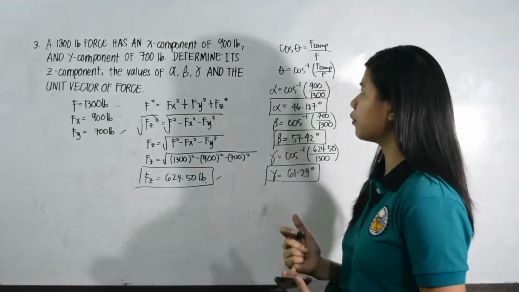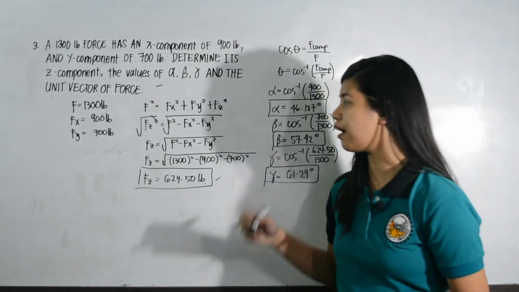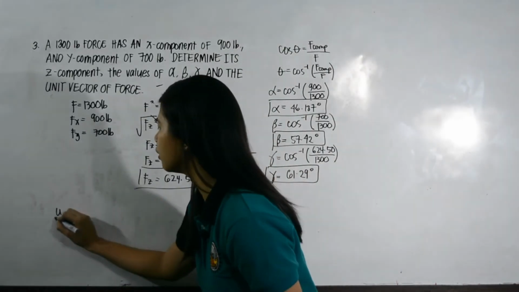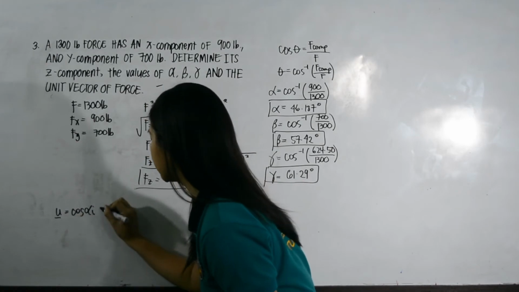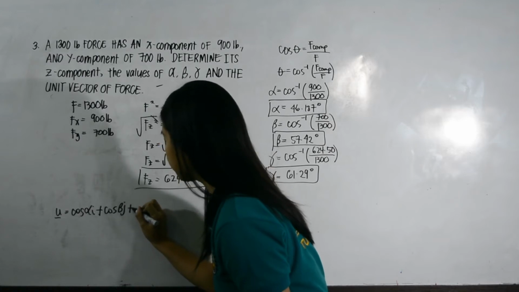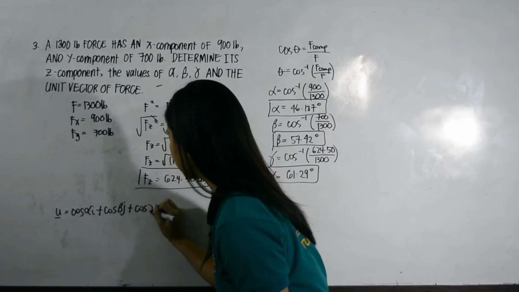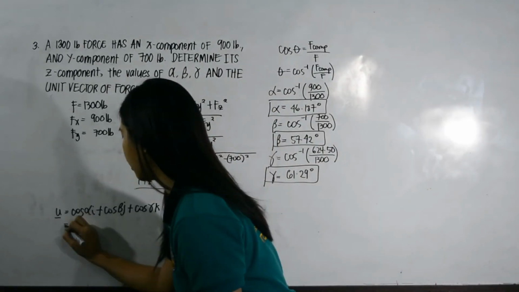Now we're done with getting the alpha, beta, gamma. For our unit vector, we have our formula of u underline, cosine alpha i plus cosine beta j plus cosine gamma k. Just simply substitute the following.